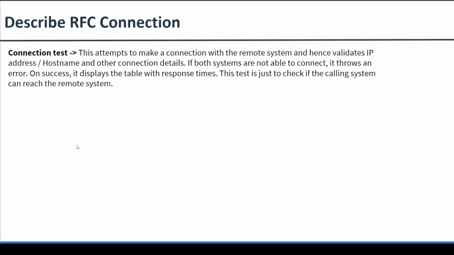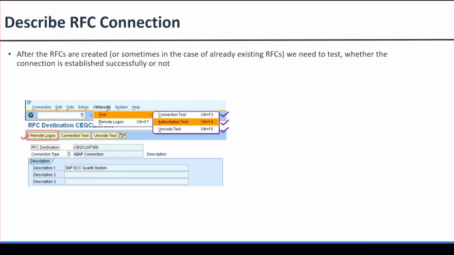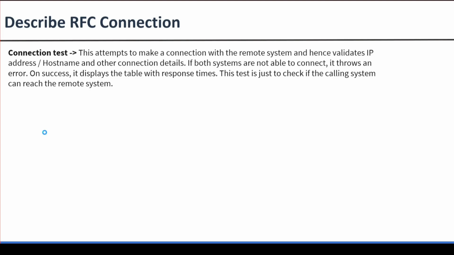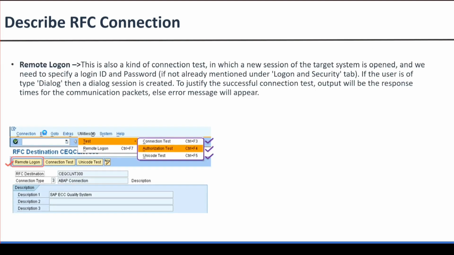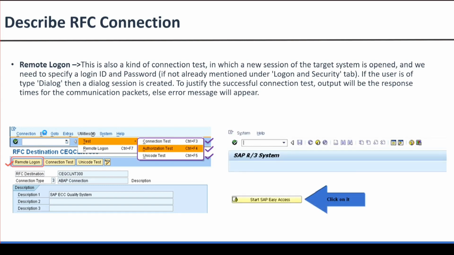Once you click on the remote login button, it will log into the receiver system. Inside the receiver system we are going to log in. Once I click on the remote login button, you will get the receiver system information. Now you are in the receiver system.